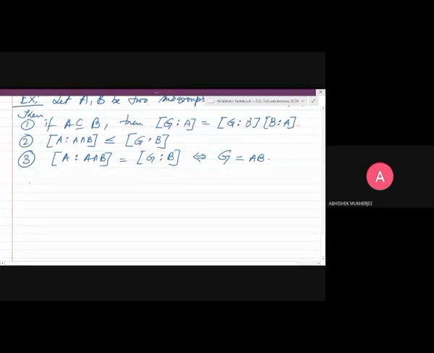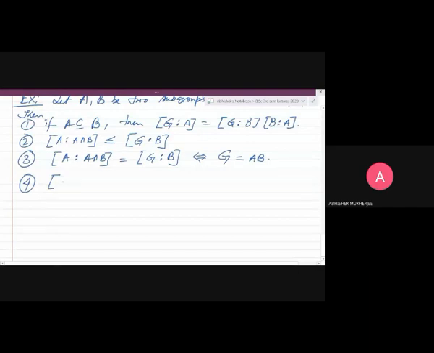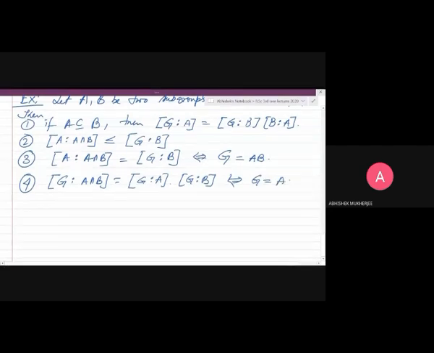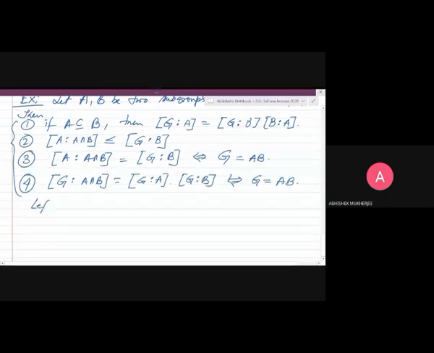And the fourth one is very important. The index G colon A intersection B can be written as the index G colon A multiplied by index G colon B, but if and only if you can represent G as AB. So each of them has some impact on finite groups. This has been left as an exercise.